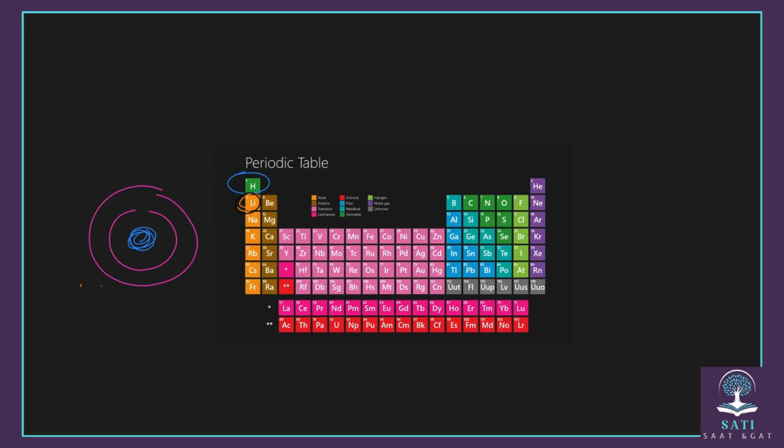We're going to talk about how these electrons are placed in the atom. 2 electrons are in the first shell and 1 electron in the second shell. This electron in the outer shell has weak attraction to the nucleus, so it has a higher ability to move.